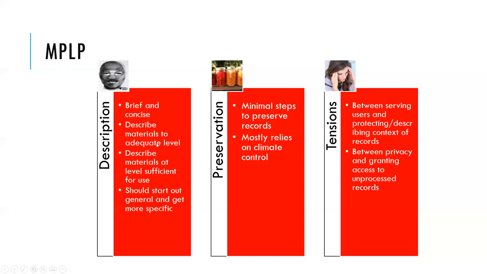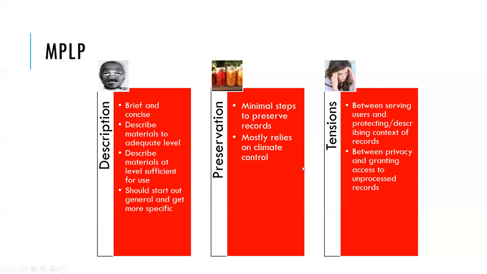Other people might just need really basic information because they're doing a paper or a quick presentation and it doesn't really require a lot of effort. Describing materials at levels sufficient for use. Again, what is sufficient for use is really going to vary from person to person. So those are some pretty problematic premises to base arrangement and description on.